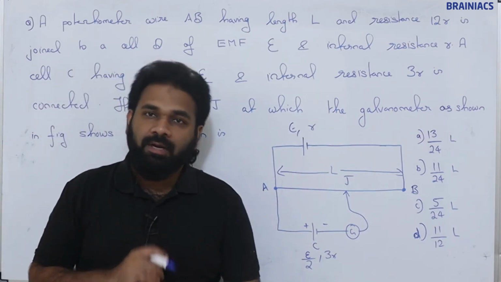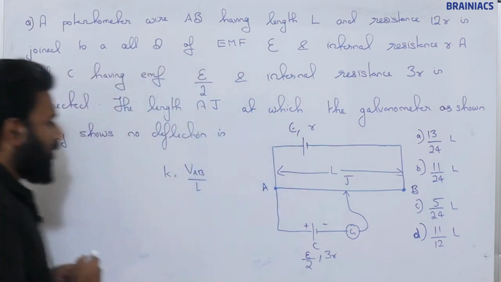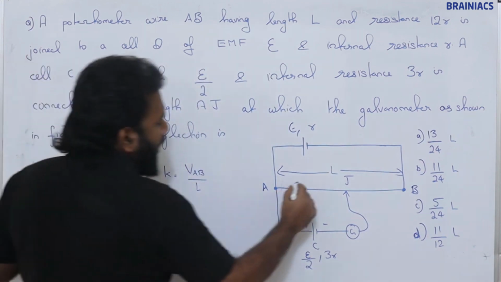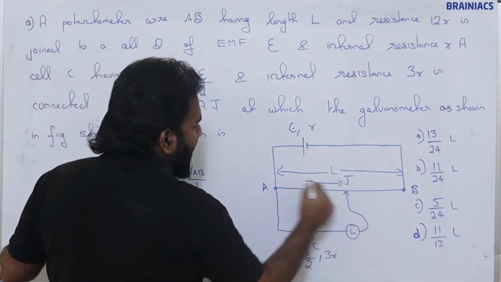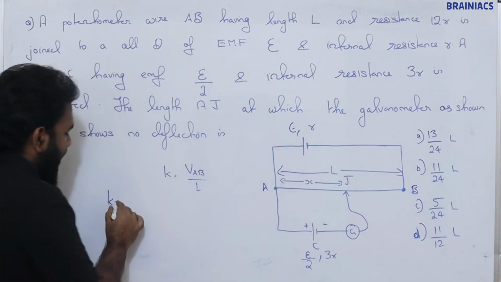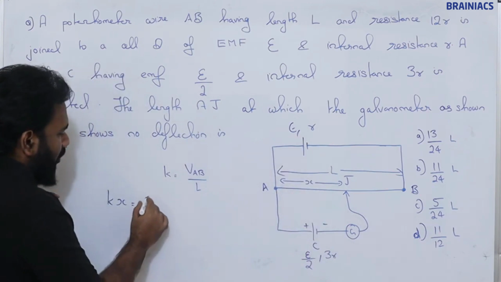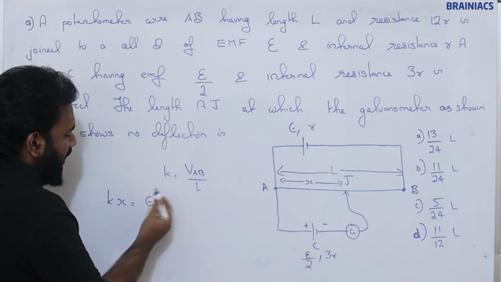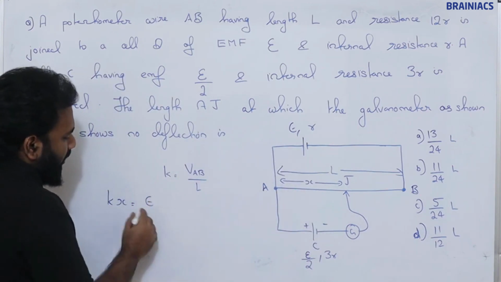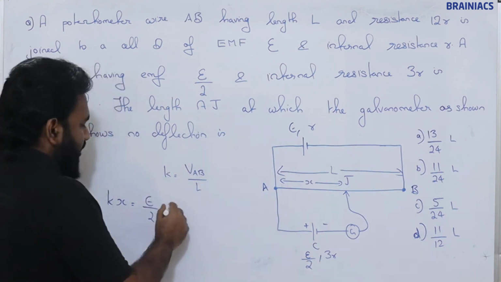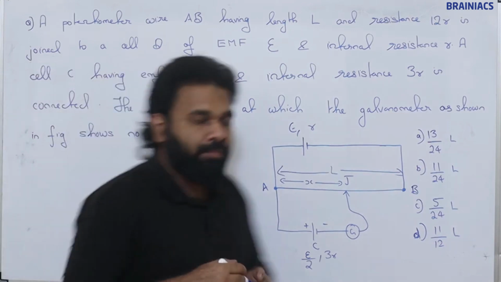This is what potential gradient is. So with potential gradient K, if we find this length as X, K into X will be equal to this voltage, whatever we are going to find, E by 2 or sometimes E, sometimes V, whatever it may be.